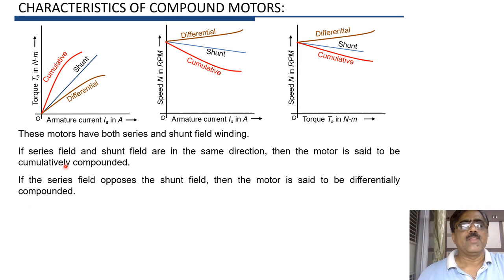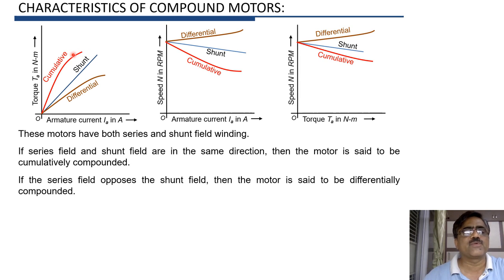compounded motor. Now the shape of these curves can be adjusted by adjusting the degree of compounding, that is by adjusting number of turns of series and shunt field windings. Now, if you see the cumulatively compounded motor, then in this case, as flux increases with increase in load, torque also increases.